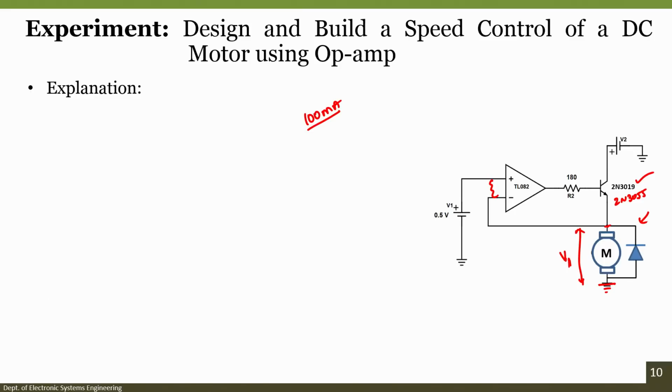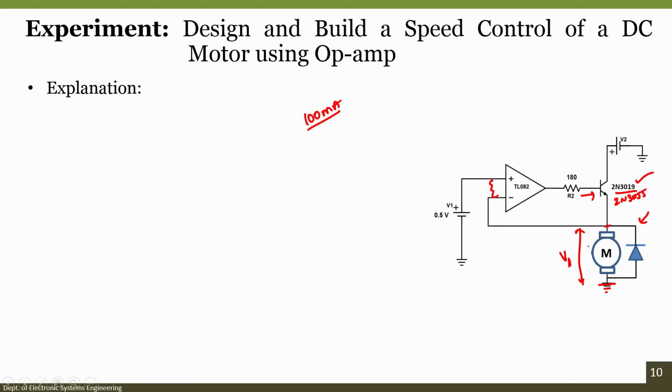Then it should not get damaged. Another thing is the base current. These things are very important when we are selecting any electronic component. In this case, as we require only 100 milliamps, and 2N3019 supports 100 milliamps of current.